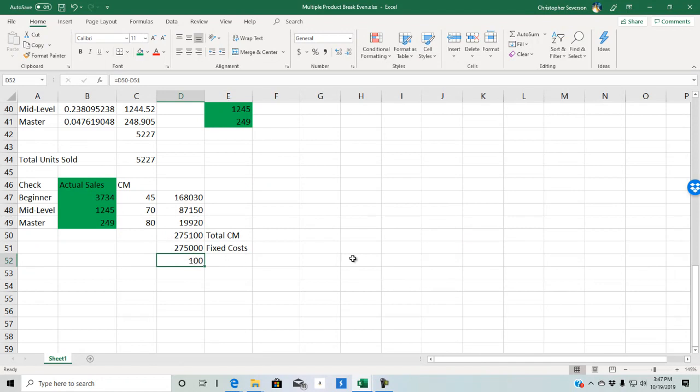It shouldn't be all that much above zero, because rounding should not be $1 or $2. It's $100 in this case. But if it's negative, then we have not broken even and we did something wrong. If it's, let's say, $100,000, then there's obviously something wrong there as well. This is just a rounding difference. But the point is, it looks like we're in the right place. That's what matters here.